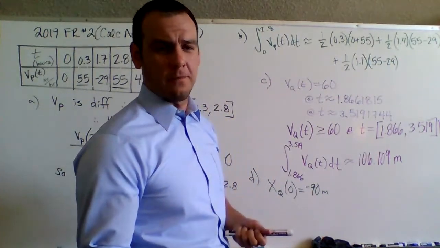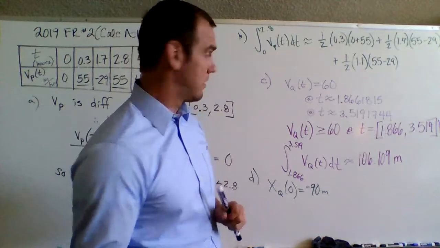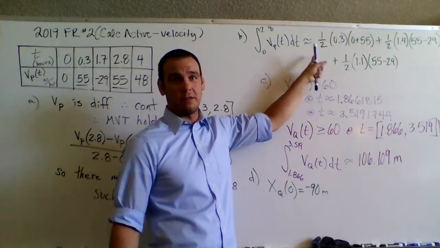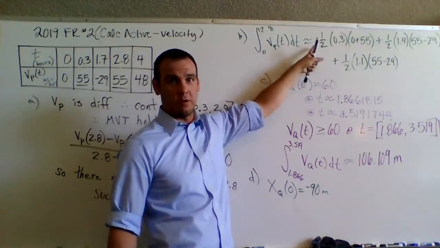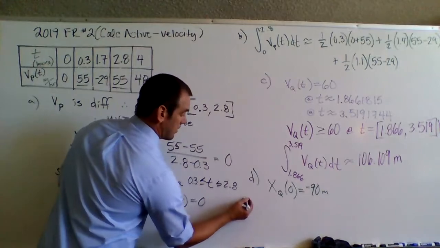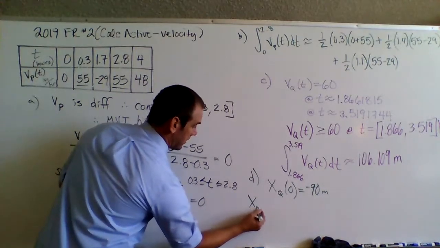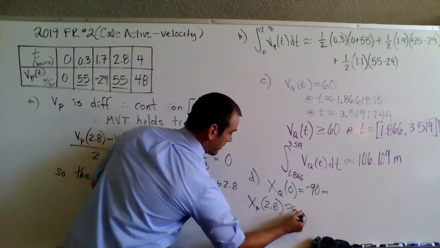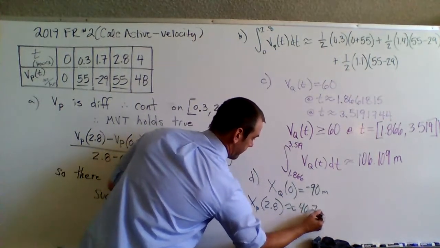Okay, it ends up being 40.75. Maybe you don't want to write that up here just in case that number is wrong that you calculated, so you can still get this point. So I know what is it going to be? XP of 2.8 should be approximately 40.75.